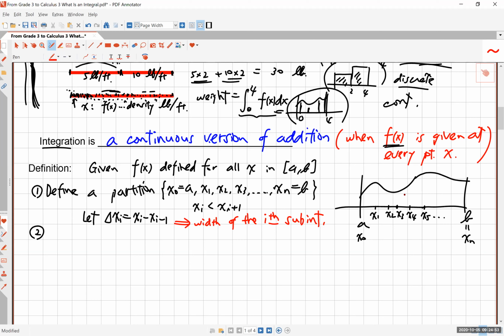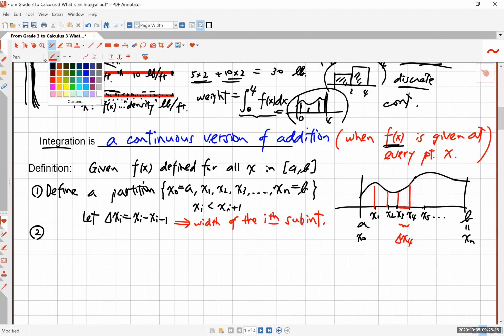So let's pick, see here, 1, 2, 3. Let's pick this one here. This is my fourth subinterval, and the length of the fourth subinterval is, of course, x4 minus x3. That's what we're talking about here. Each subinterval has the length delta xi.